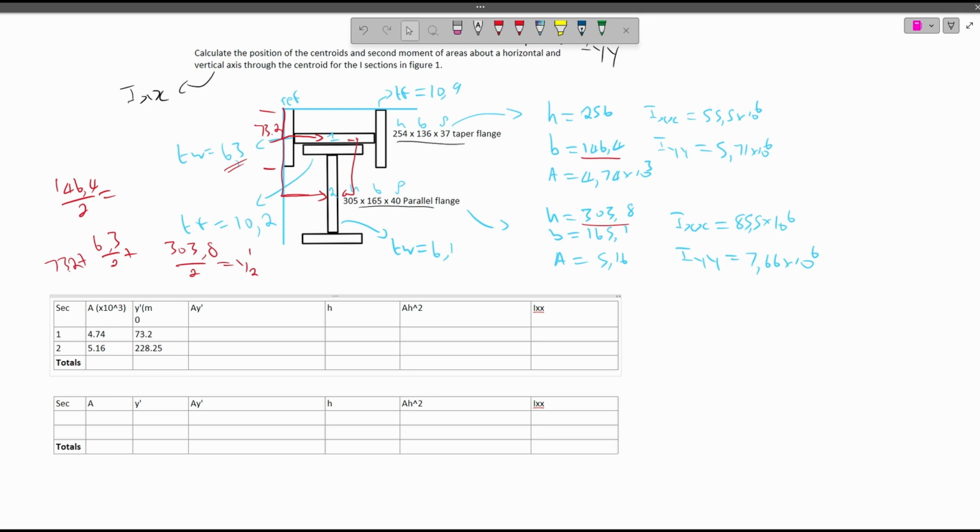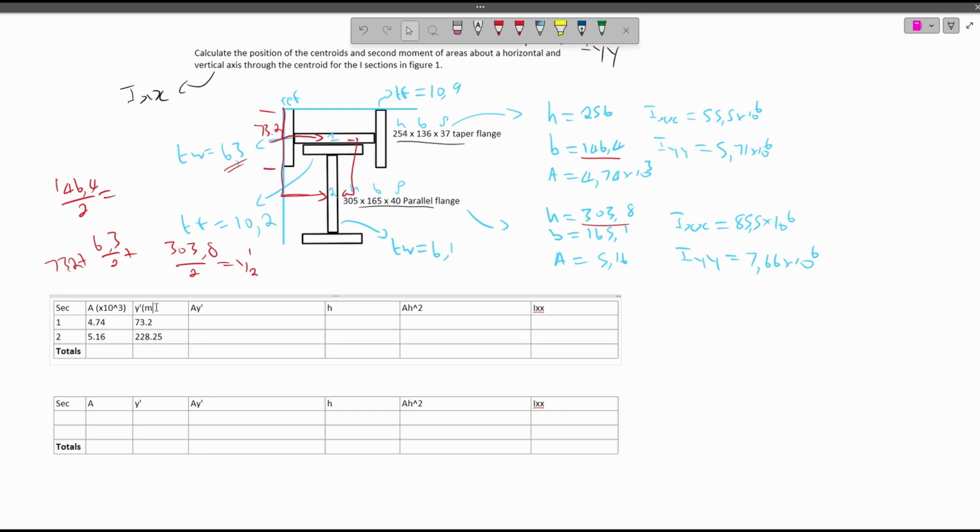Our y-bars are in millimeters. Our Ay is also going to be this. So for Ay, you multiply your area with your y-bar. If you are lost on how we got this y-bar, let me repeat it. We already have the distance from here to the center of this shape.